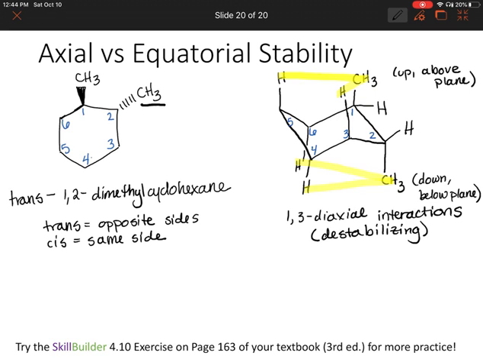So let's actually do a ring flip or a chair flip, and let's show what this would look like if everything was equatorial. So remember, when we do a chair flip, axial bonds become equatorial, equatorial bonds become axial. Okay, so we're going to do a little chair flip here down below.